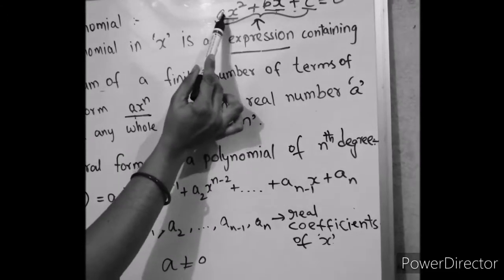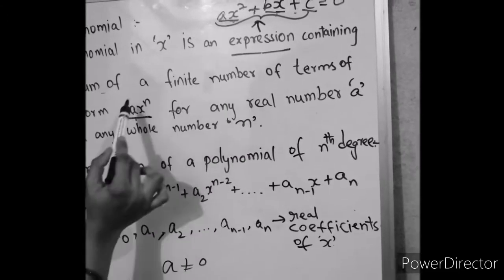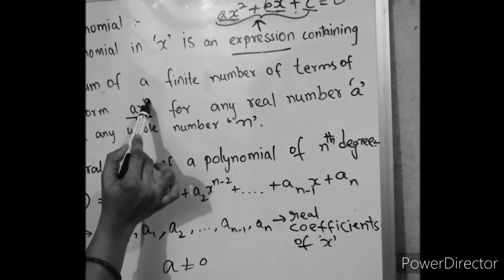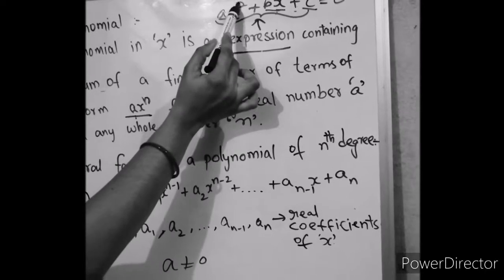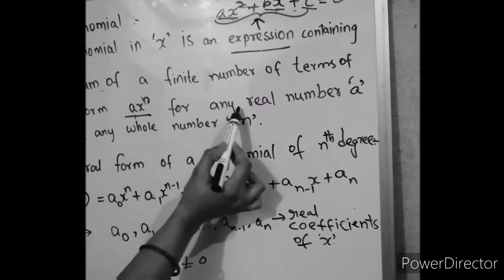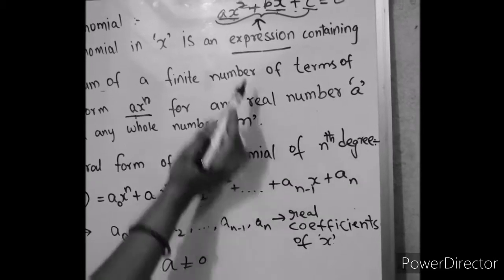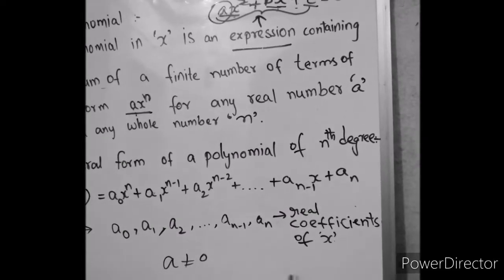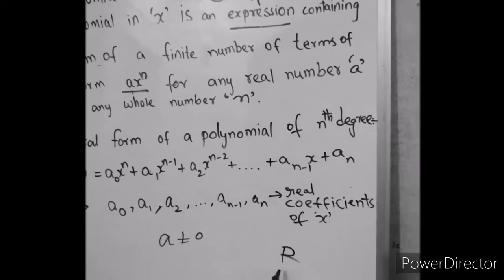If I compare, a is the same and the variable x is the same, and the nth power in the problem is square, for any real number a. So here a is a real number. You might already know what a real number is.